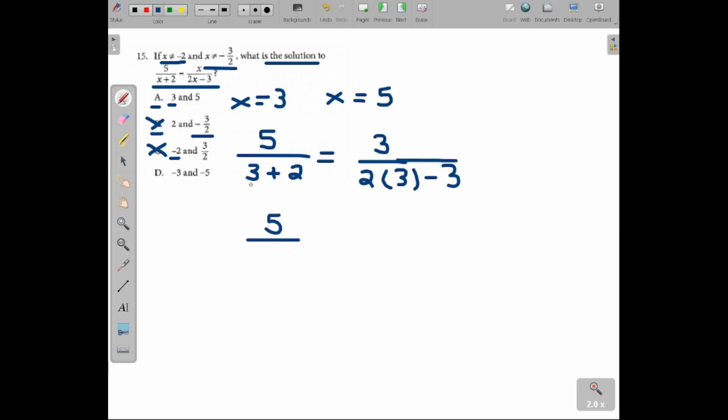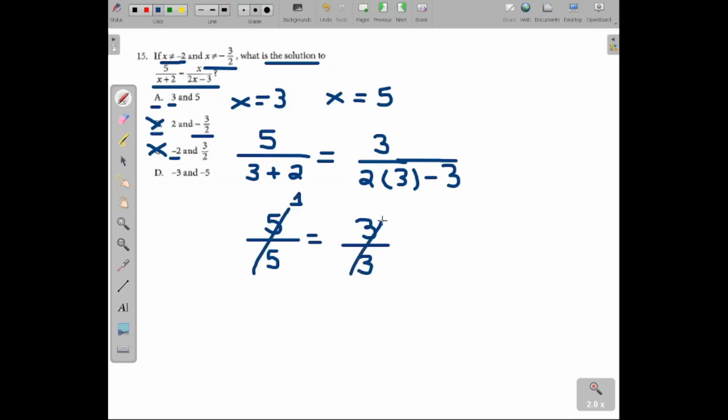5 divided by 3 plus 2 is 5. And for the other side of the equation, we have 3 divided by 2 times 3, which is 6, and 6 minus 3 is 3. 5 divided by 5 is equal to 1.